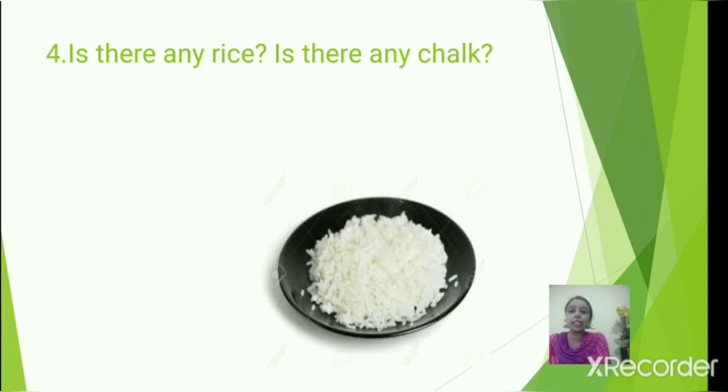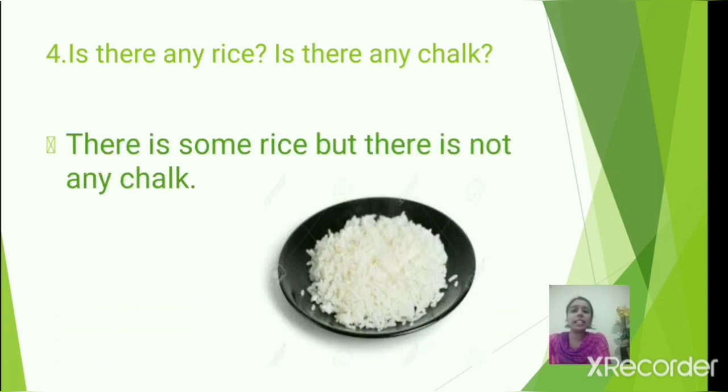Yes, it's rice. But is there any chalk? No. So we can write there is some rice, but there is not any chalk.